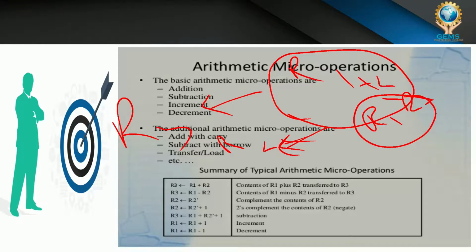Not only transferring, but also performing the micro operations. Performing micro operations or transferring data from one register to another, all these things combined we can call register transfer language.